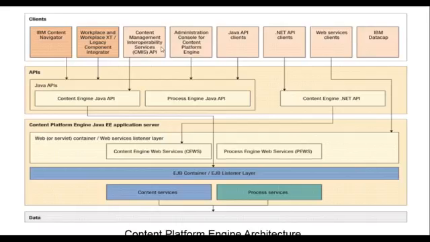So what about this one, the administrative console for Content Platform Engine? This one you said you will explain tomorrow. Yes, this is something which we will see. I'm not sure if you remember from the course content, but there was a specific topic on this administrative console for Content Platform Engine. It is called ACE.